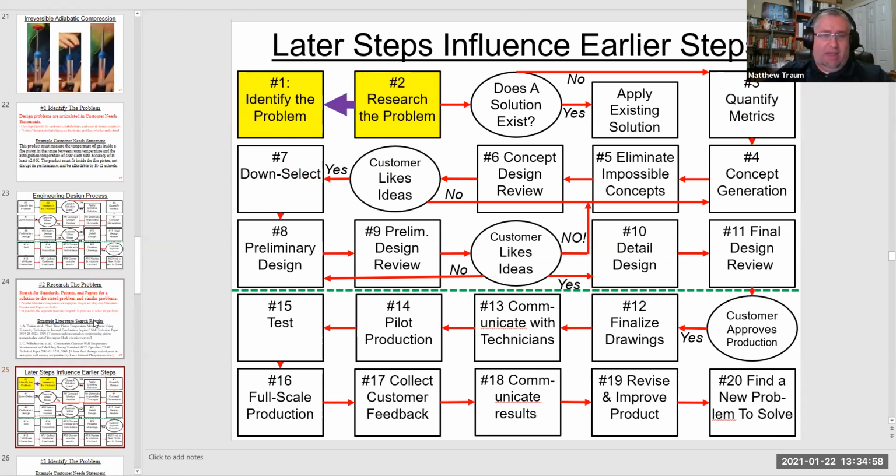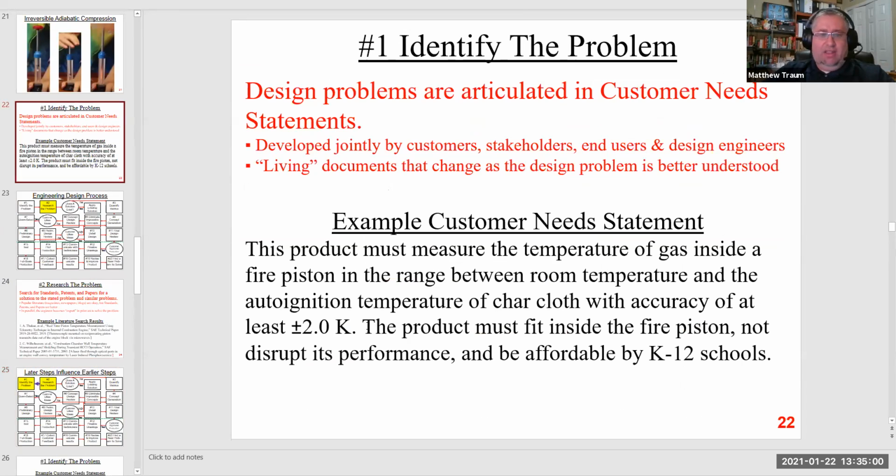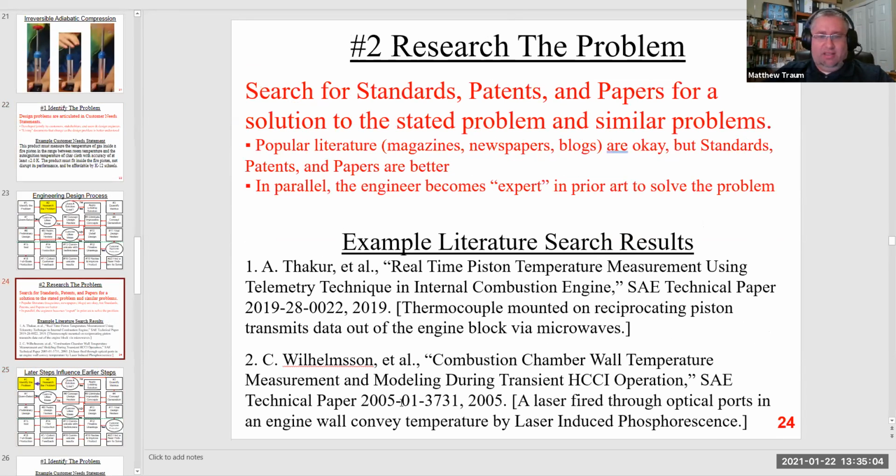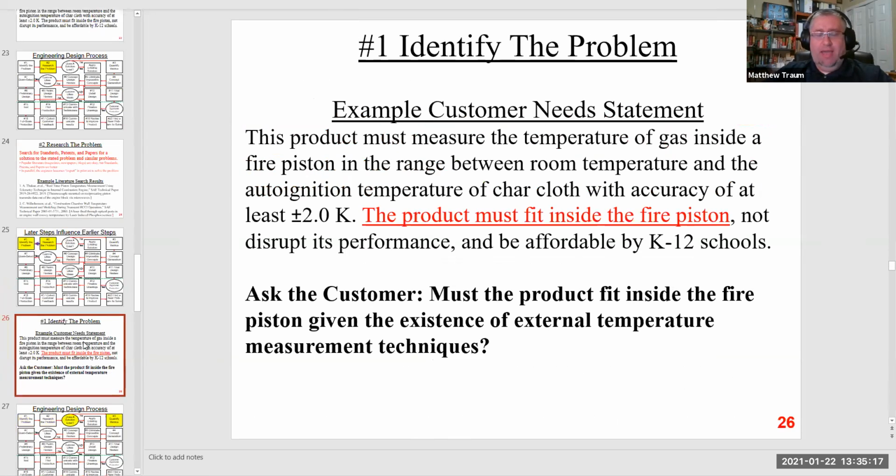So look at this. In my customer need statement, I said the product must fit inside the fire piston. But the students in their literature review found a situation where a laser fired through optical ports in the engine wall gave me that temperature information without putting any hardware inside the flame tube. And so, was this statement really necessary, given that there are options to detect that temperature without putting anything inside the flame tube?